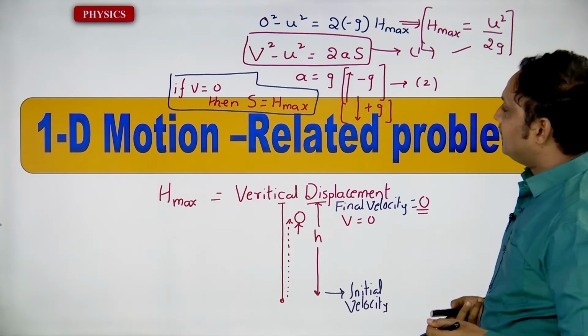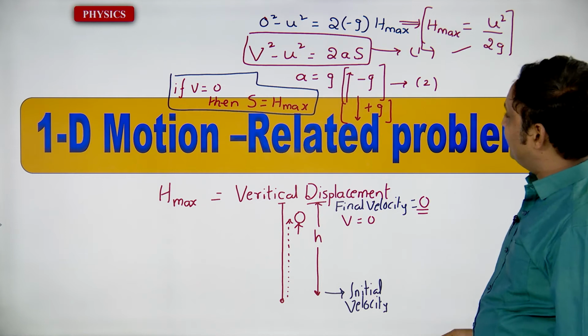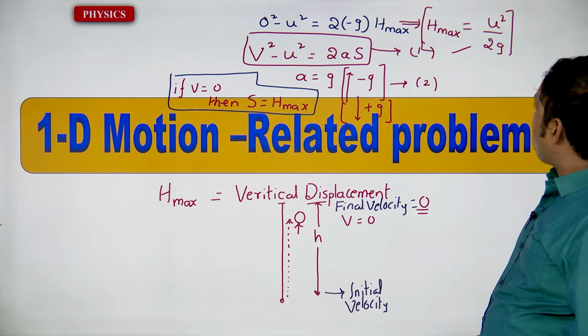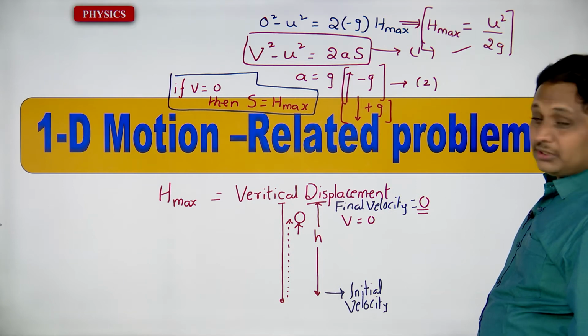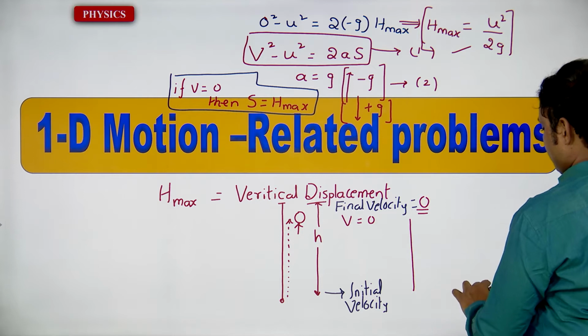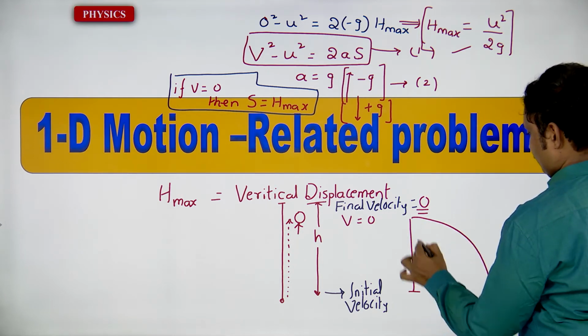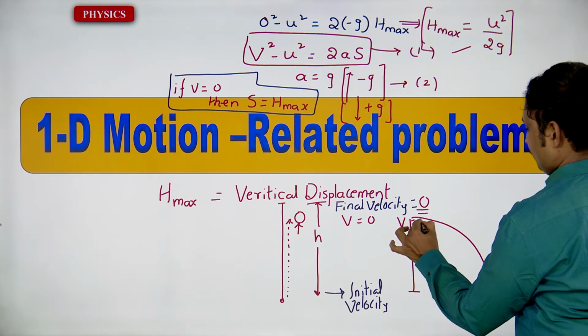Let's see the problems related to the maximum height. We would like to go for that. It has been projected here like that. So, it's going to be 0.